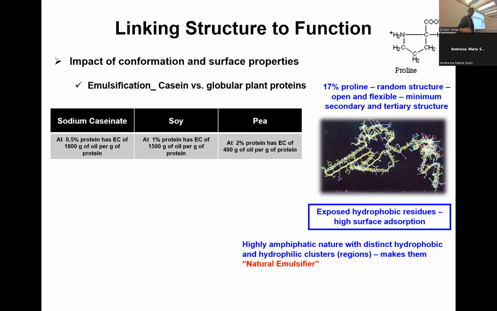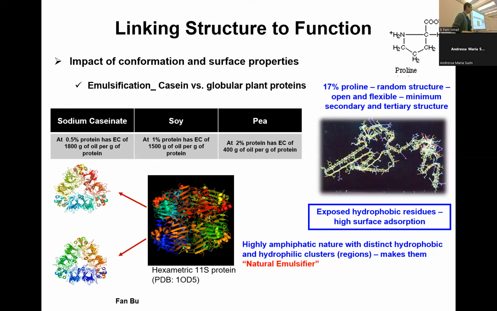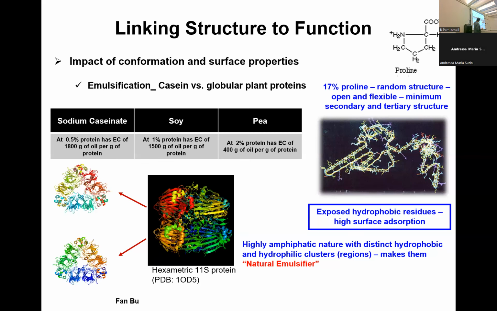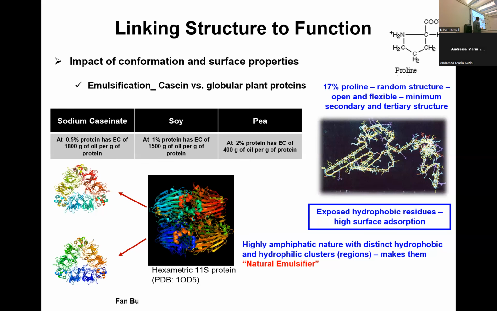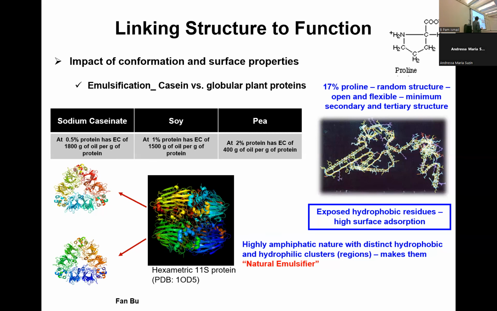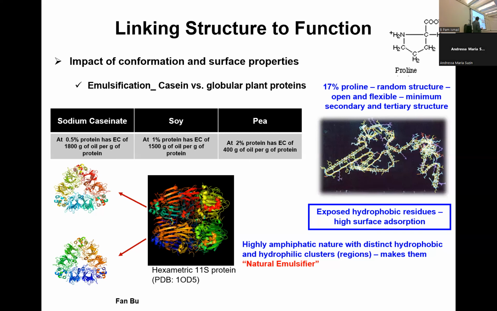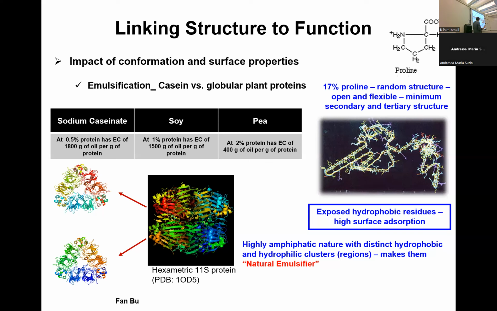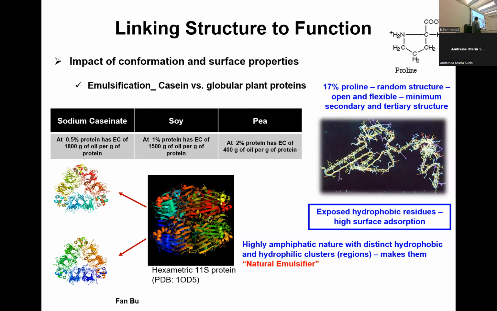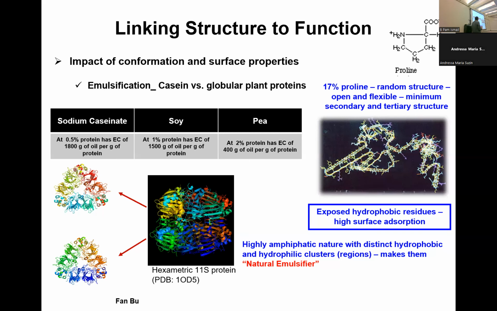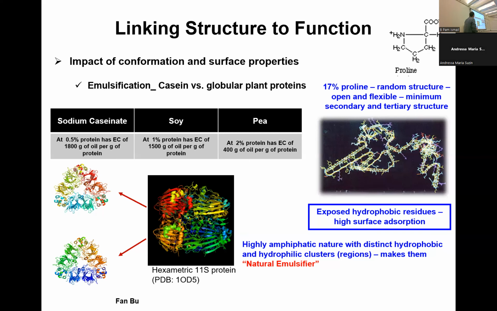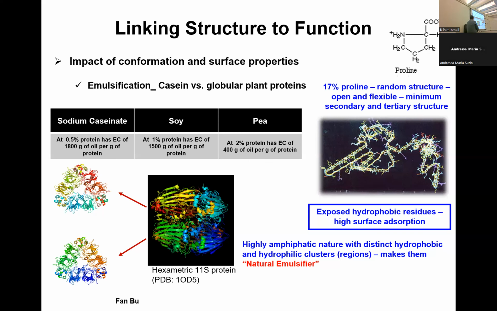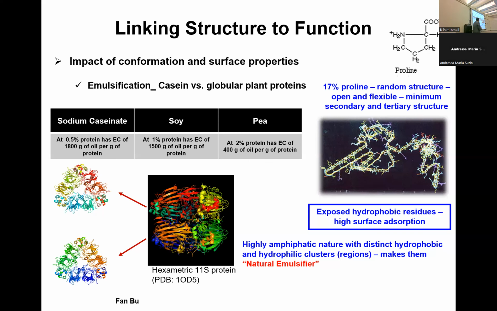But if we look at plant proteins, there are these big globular proteins, high quaternary structured proteins that are very hydrophobic on the surface. They require to be partially unfolded in order for them to form an emulsion, where you expose some of the hydrophobicity, but also some of the hydrophilicity is needed at the surface as well, and we need some flexibility of this protein.